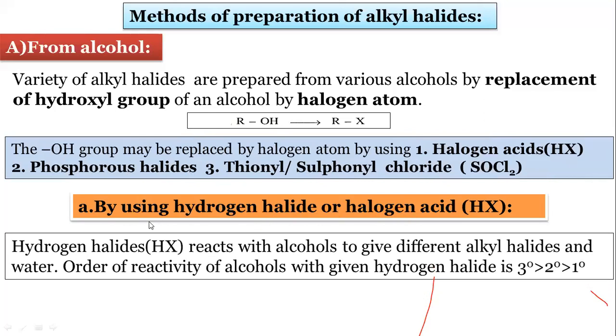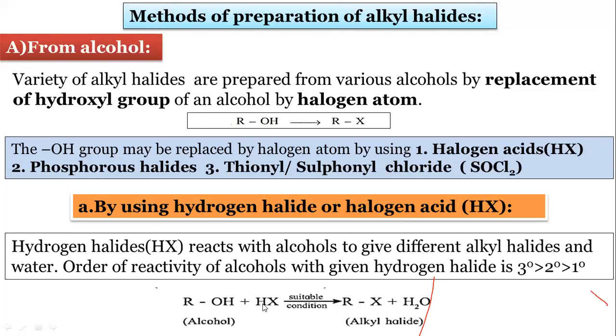In this reaction, hydrogen halides react with alcohols to give alkyl halides and water. Order of reactivity of alcohols is tertiary reacts first, then secondary, and last is primary alcohol. One example is given here: ROH plus HX under suitable conditions gives OH replaced with X, and this H combines with OH to give the water molecule.